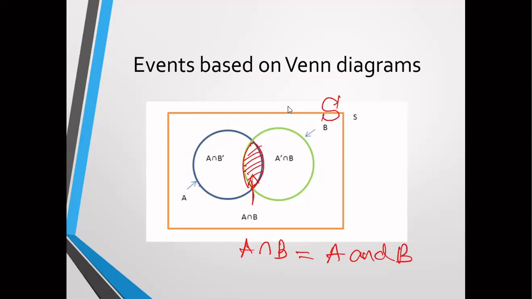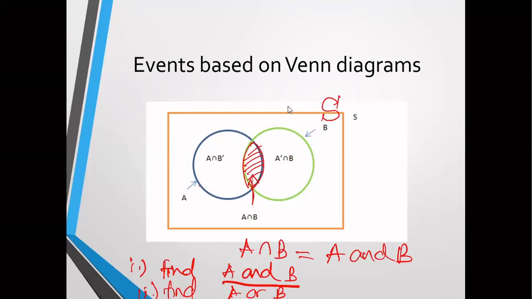For example, if you are asked a question like find A and B, or A or B, for the above Venn diagram. Suppose you have this question. What do you mean by A and B?